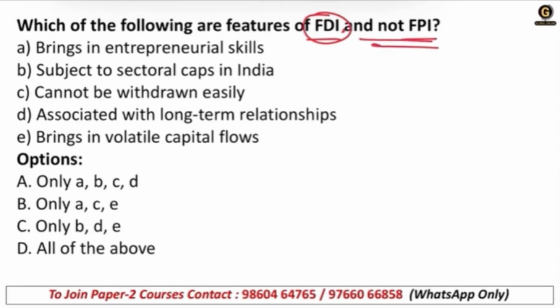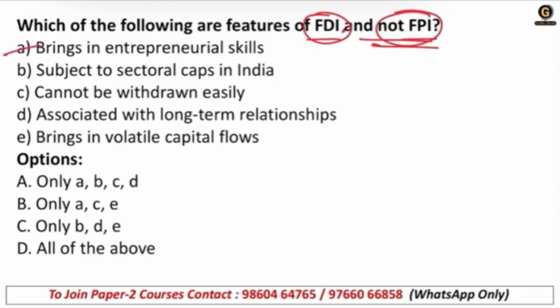But to confuse you, this kind of question can be asked. And they will give you some options related to FPI. But you need to understand the question first, right? So what we need to do in this question is find out the features of FDI only and ignore FPI.